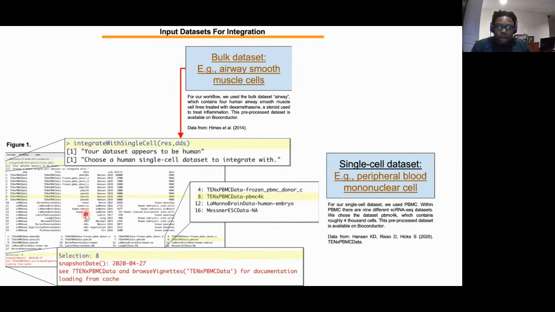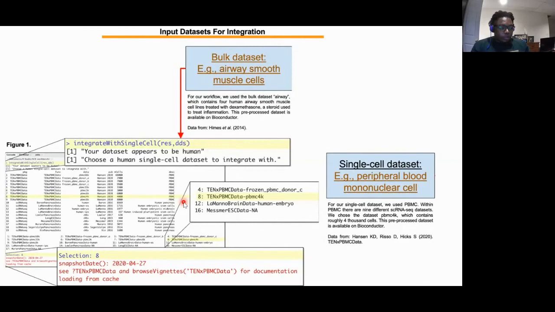So in our workflow, we selected 8, which is the PBMC 10x dataset. Currently, our integration only allows for human or mouse, but as more single-cell datasets are allowed in Bioconductor, we plan to expand into other organisms as well.